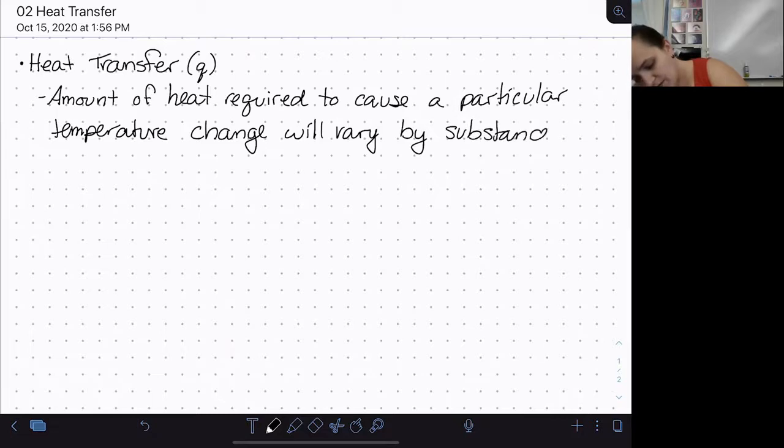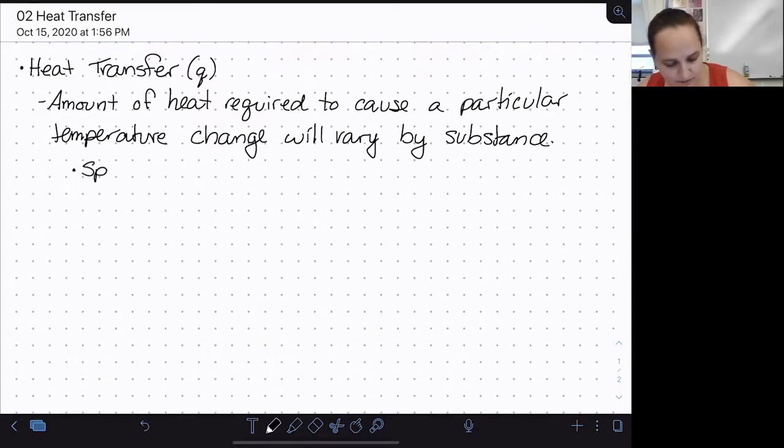And we describe the relationship between how much heat is transferred and how much the temperature changes using a quantity known as the specific heat, sometimes also referred to as the specific heat capacity.